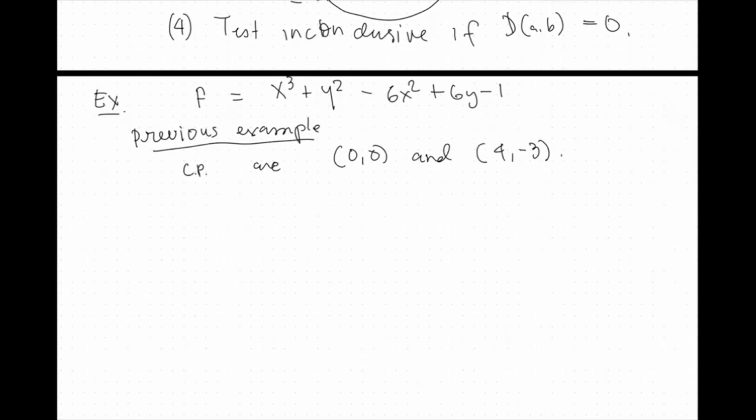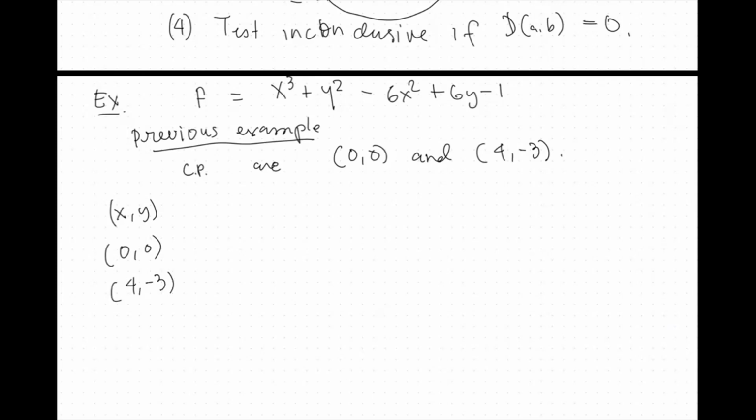Now, what happens to these critical points? So we will inspect D. First we get a table, and in this table we have the points 0, 0 and 4, -3.